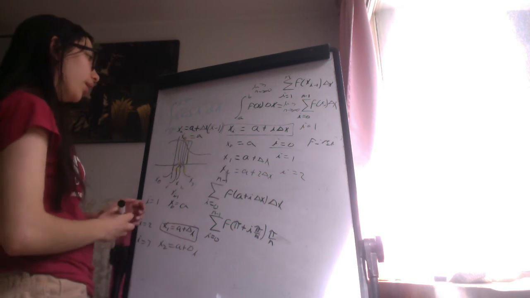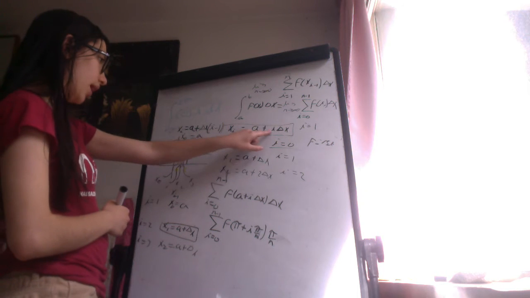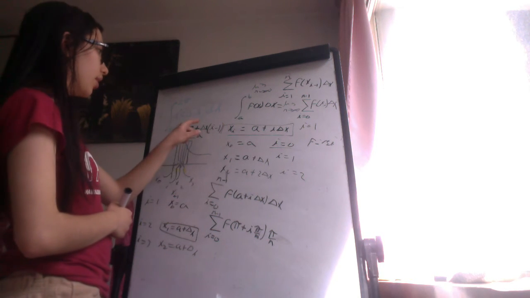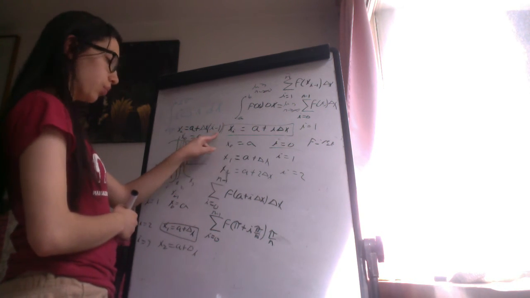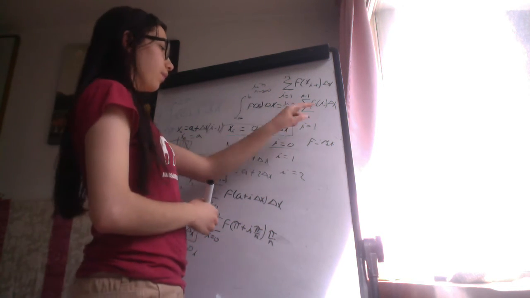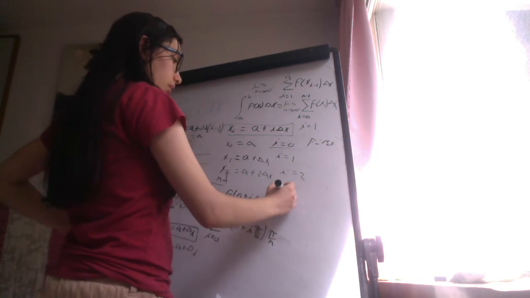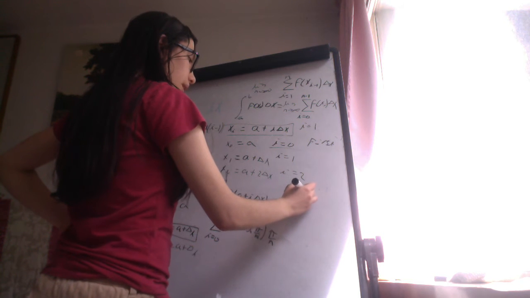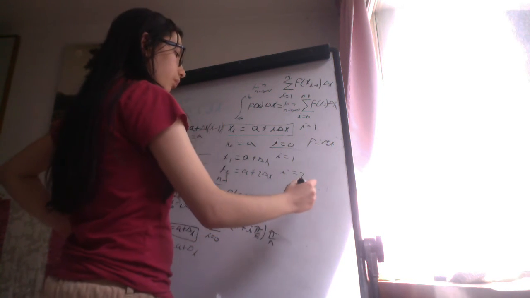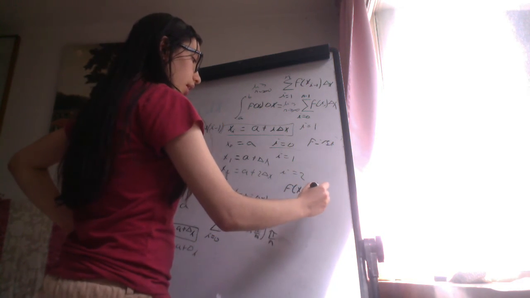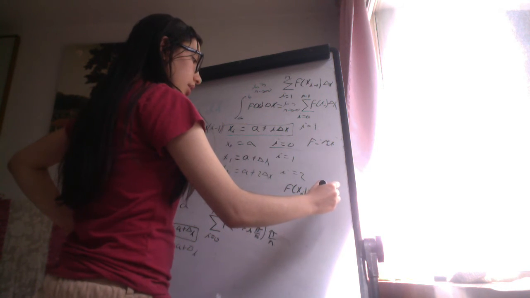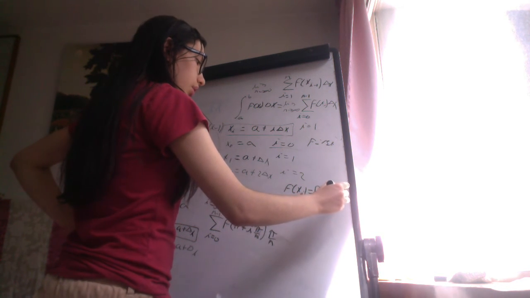So now our x sub i is not a plus i delta x, it is a plus delta x times i minus 1. And so our f of x sub i is equal to f of a plus delta x times i minus 1.